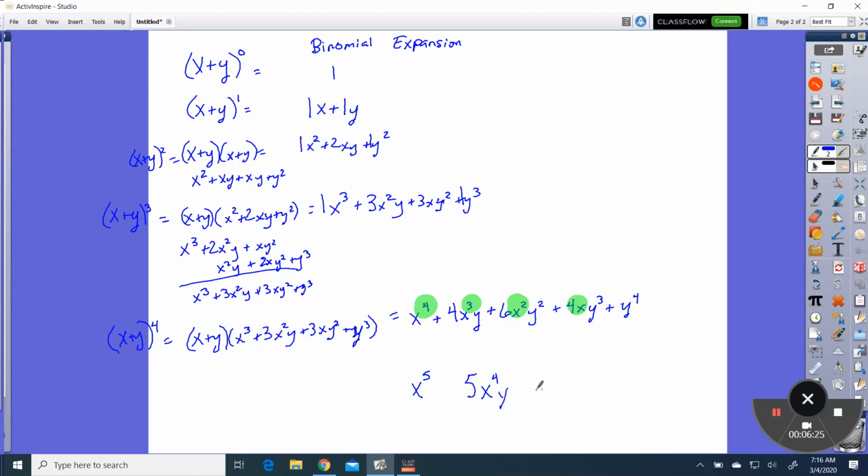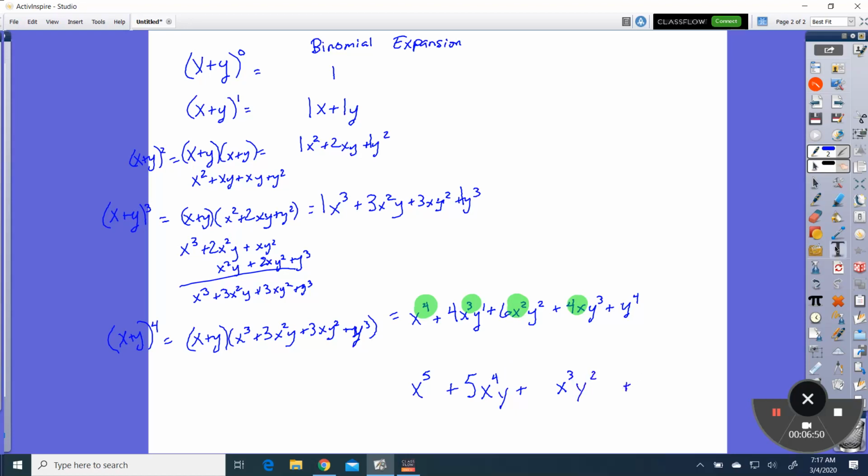This one's a bit trickier, but what's the x going to be? X cubed. Now, the x's went down, but what do the y's do? 1, 2, 3, they go up. So that was a y to the 1, so this is going to be y to the 2.